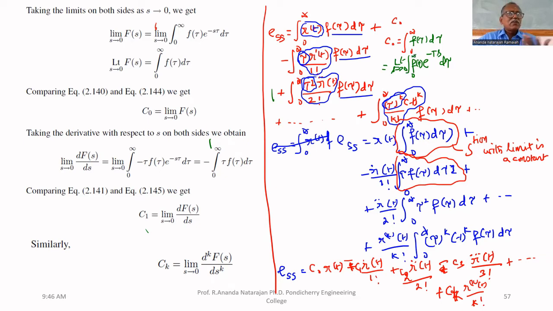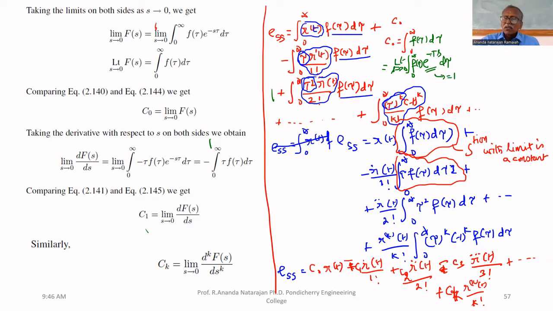S is independent of tau. S tends to 0 means if you substitute 0 here, what will happen? That will vanish. It becomes 1. That's why I can include e power minus tau s.